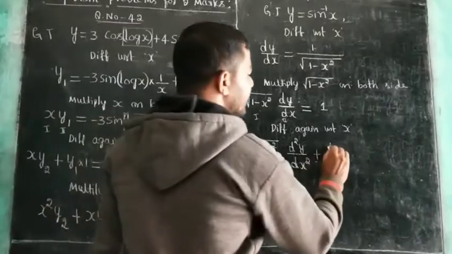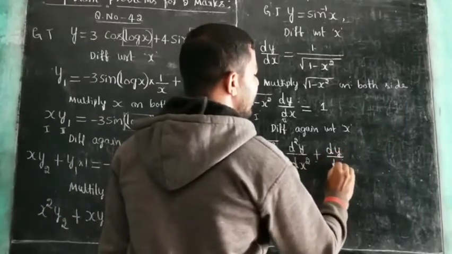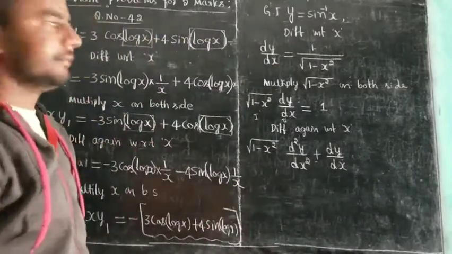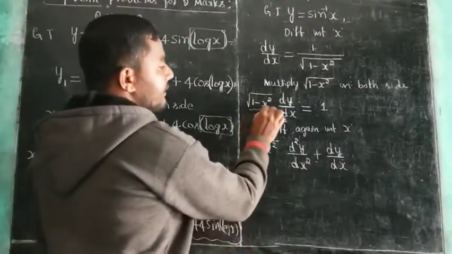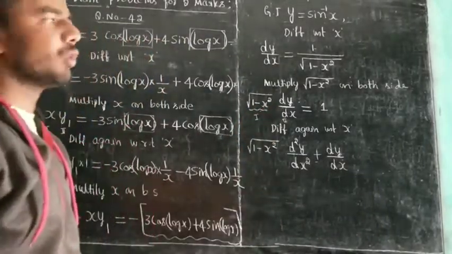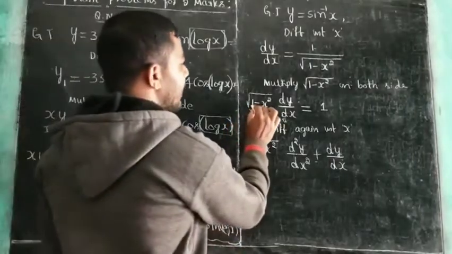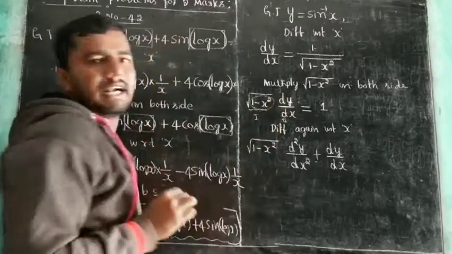Write the second function as it is, that is dy divided by dx as it is, and write the derivative of the first function. First function is root of 1 minus x square. Root of 1 minus x square, this is root of u.